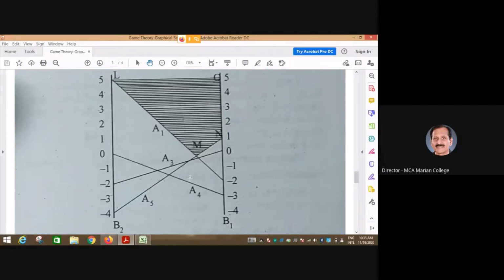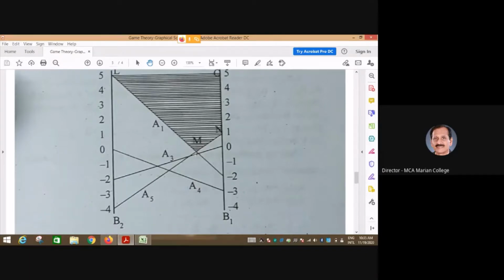Can you see that intersection point? Which strategies are intersecting there? A1 and A5. Yes, correct. A1 and A5 are intersecting there. So you can ignore all other strategies. Consider only A1 and A5. You can ignore A3 and A4.